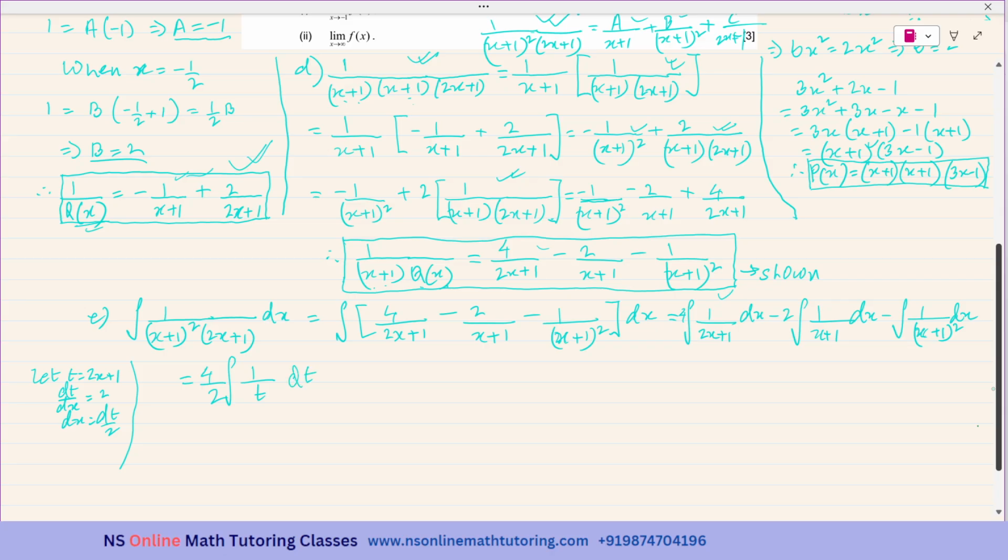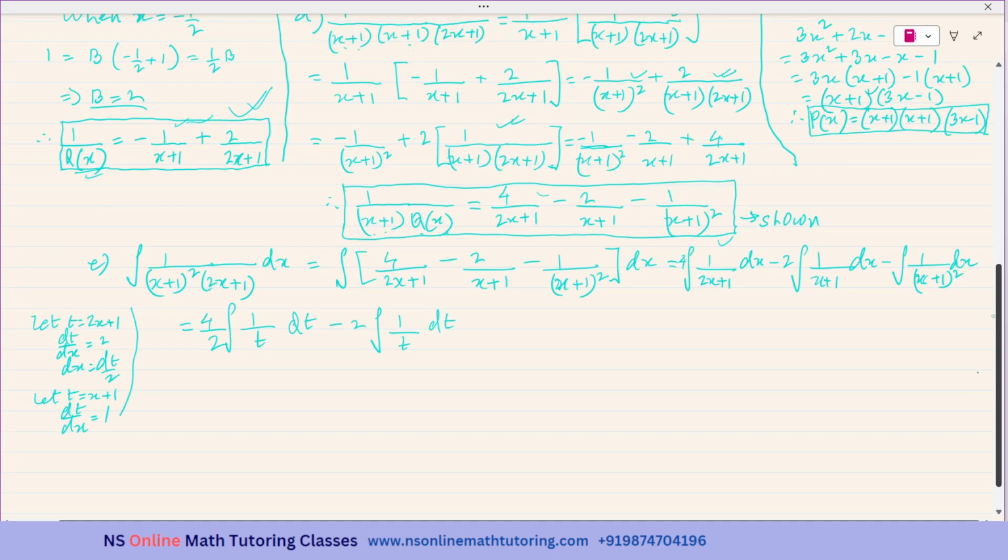What about x plus 1? If I substitute t equal to x plus 1, I'll be getting dt over dx as 1. So dt will be equal to dx. So it is minus 2 times 1 over t and dt. What about x plus 1 whole square? Again, I'll be substituting x plus 1.